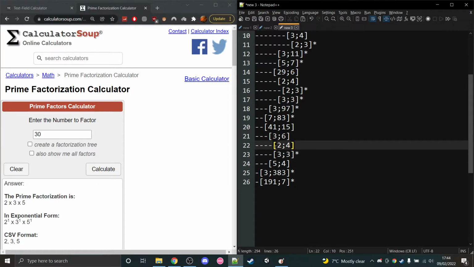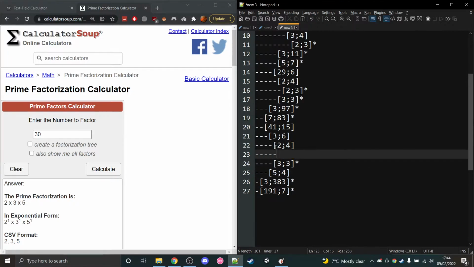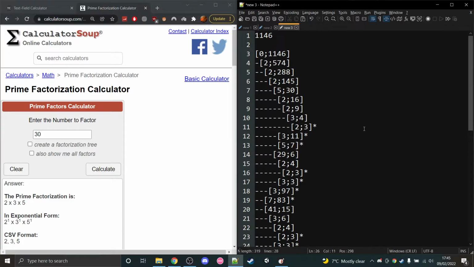Mark that. 2 divided by 4 is... no, sorry. Why did I say 2 divided by 4? That would be a half. 4 divided by 2 is 2, plus 1 is 3. And that's because 4 is 2 squared. And then once again for this node here, 4 divided by 2 is 2, plus 1 is 3. And that is the end of the tree.